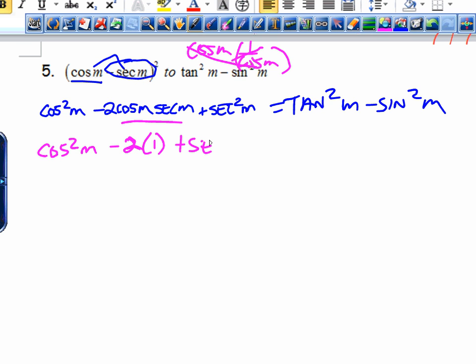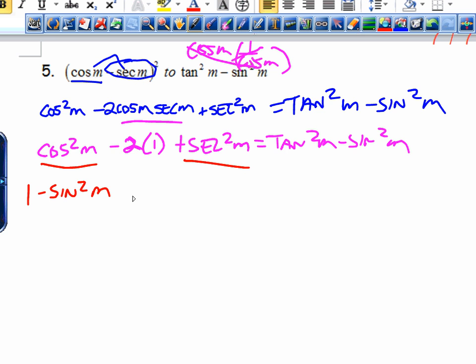So I'm left with plus secant squared m equals tangent squared m minus sine squared m. All right, next thing we should do is probably see if I can change any of this square business. So I can actually change both of those. We'll go one at a time. Cosine squared m is 1 minus sine squared m. So then I got minus 2 plus secant squared m equals the same thing.